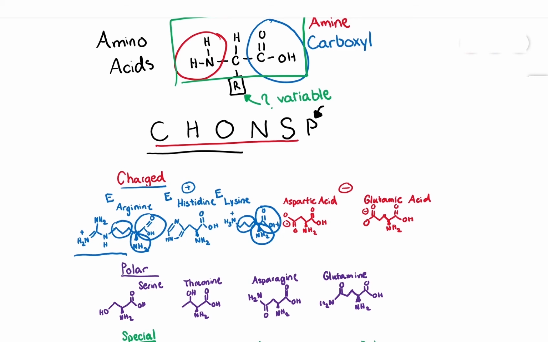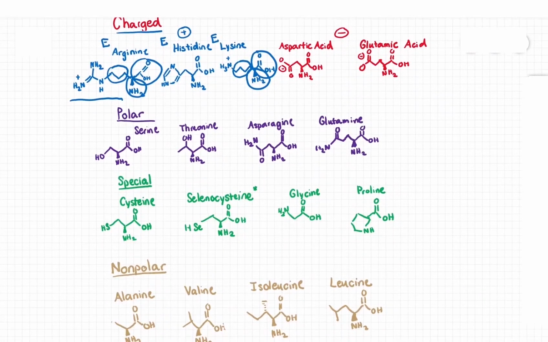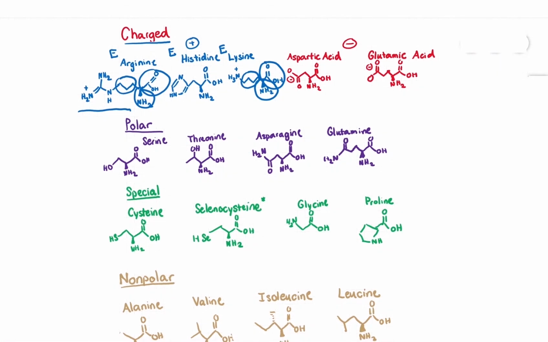For polar amino acids, you have serine, threonine, asparagine, and glutamine. So threonine is an essential amino acid. What it means by polar is just that you have a negatively charged and a positively charged end.